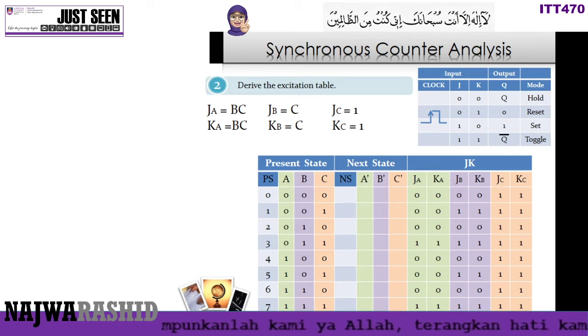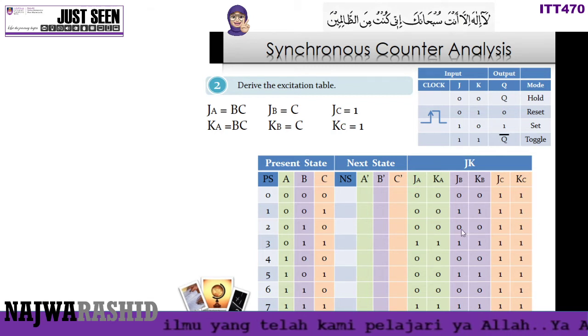So you must have A, B, and C at the present state, and then A prime, B prime, and C prime at the next state. And then you have JA, KA, JB, KB, JC, and KC at the JK column.